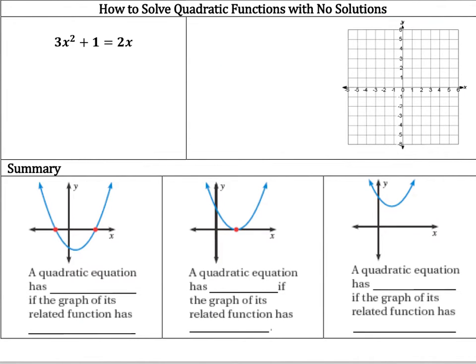Now we're going to look at how to solve quadratic functions with no solutions. So let's first try to graph this. Okay, and let's find the axis of symmetry. So it's at 1/3.